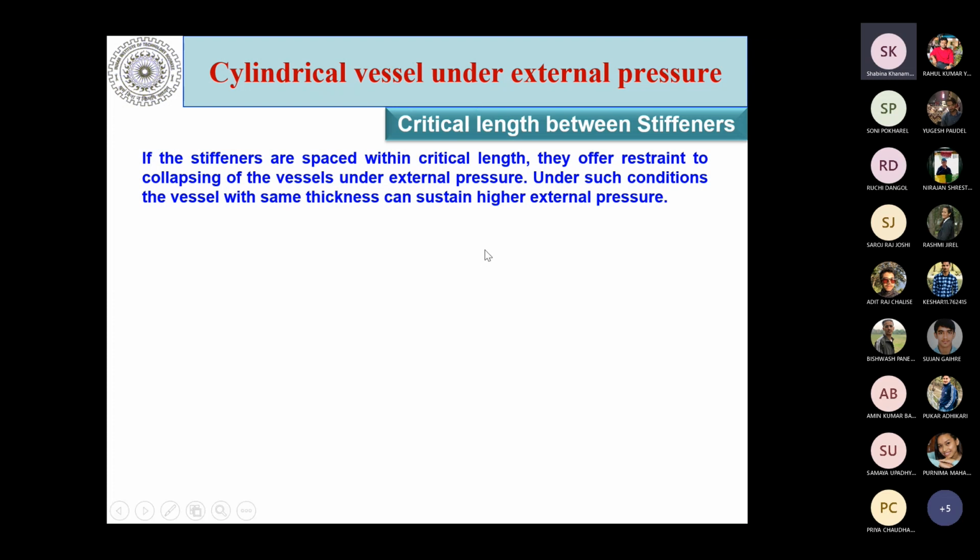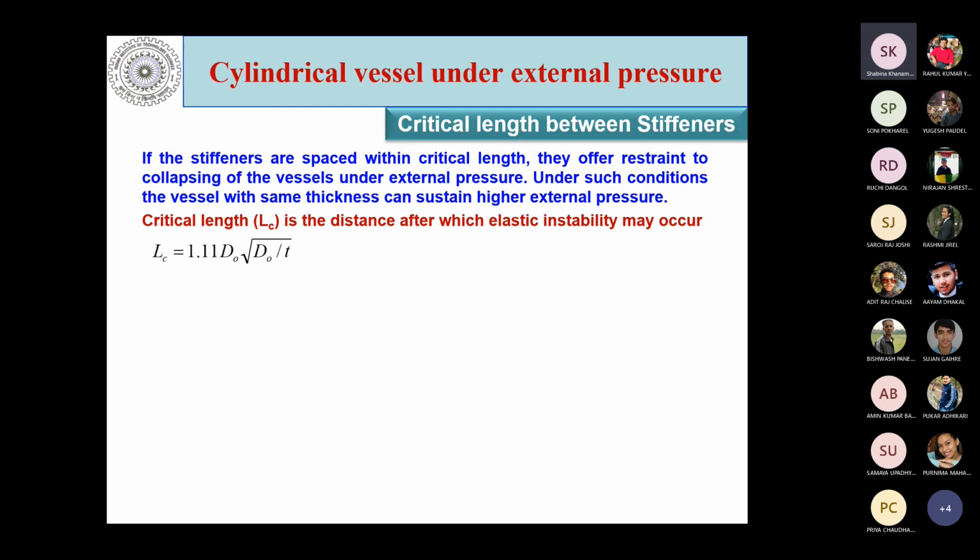So we need to keep in mind the critical length we calculate, and the distance between two consecutive stiffeners will always be less than the critical length. The critical length, denoted as LC, is the distance after which elastic instability may occur.